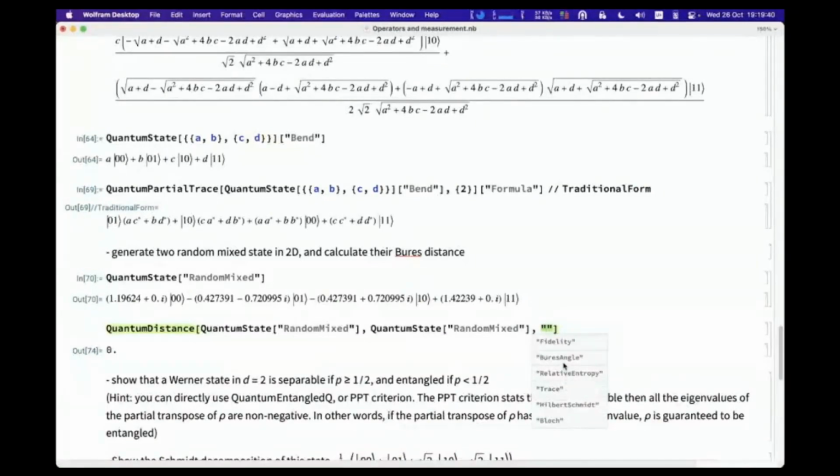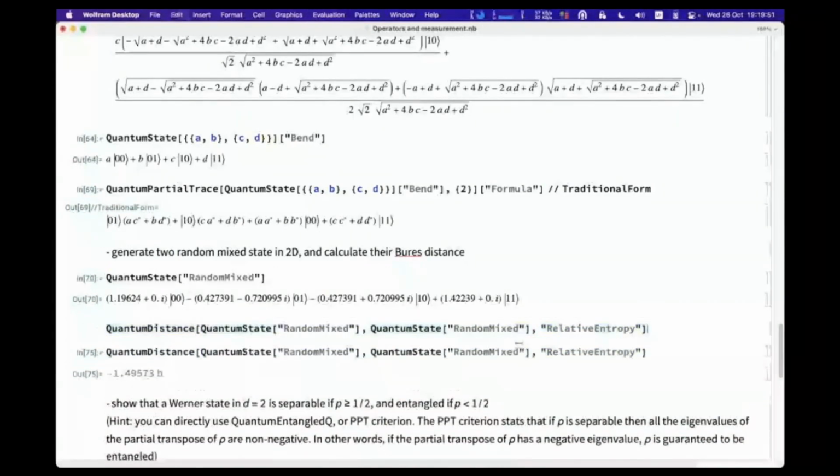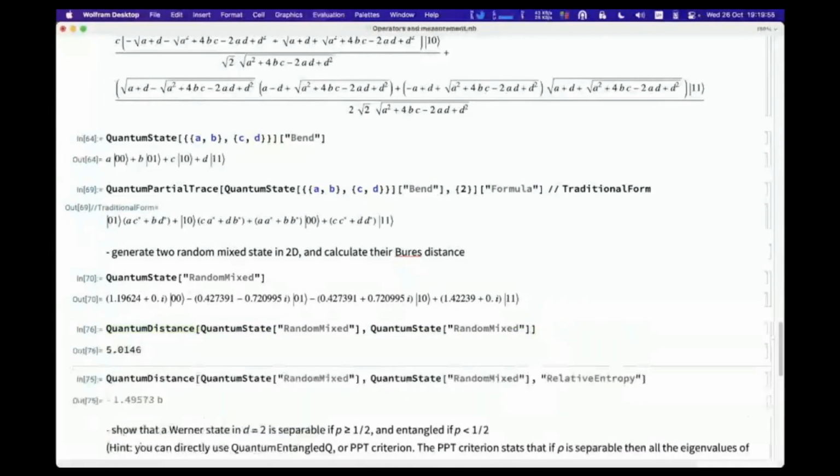These are different measures you can use to calculate the distance between the two. If you do not specify the metric, automatically we are going to use fidelity.